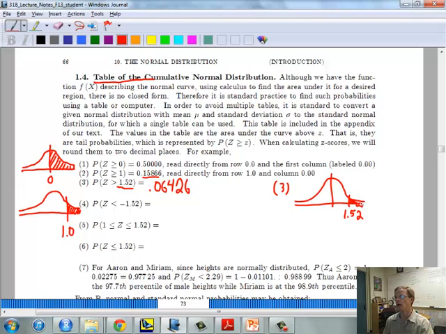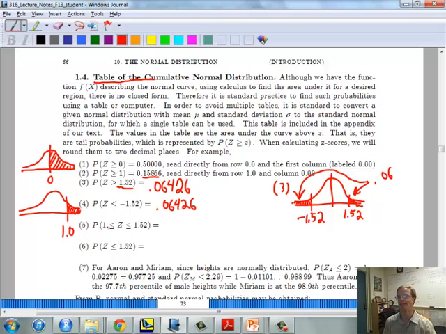So while this right-hand tail is about 0.06, the left-hand tail going from negative 1.52 and left is the same probability. So I'm going to go ahead and just pop that right there. 0.06426.